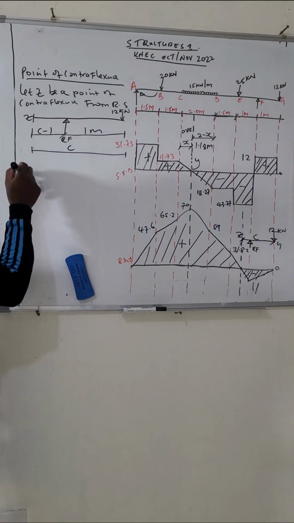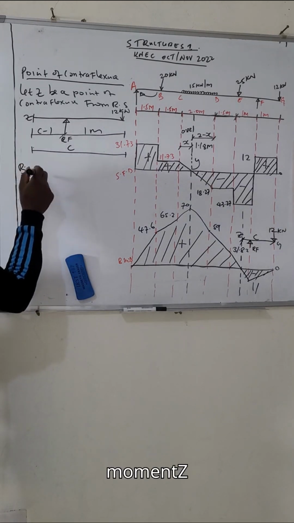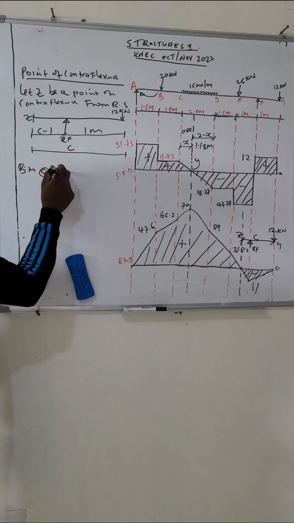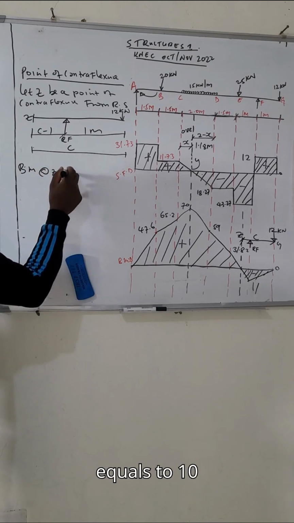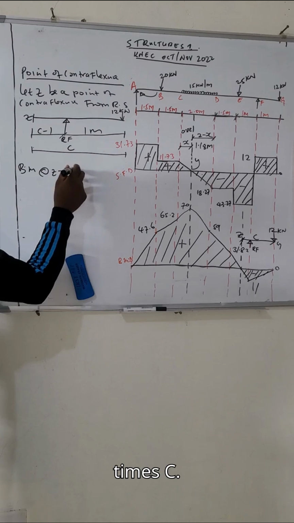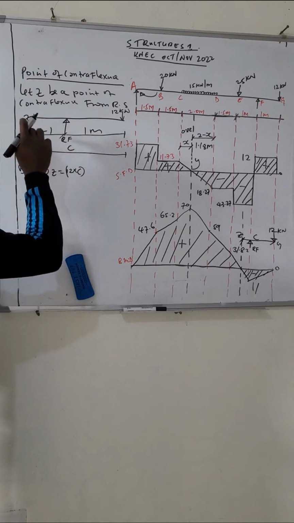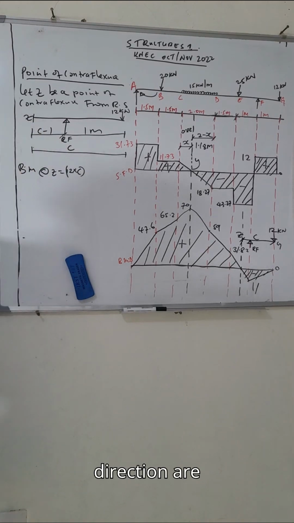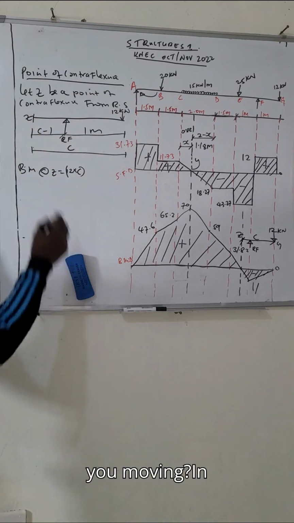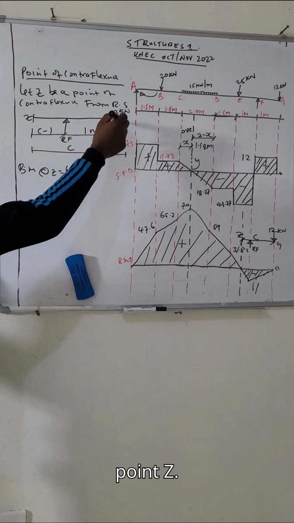So bending moment at Z equals 12 times C. Which direction are you moving in reference to point Z?